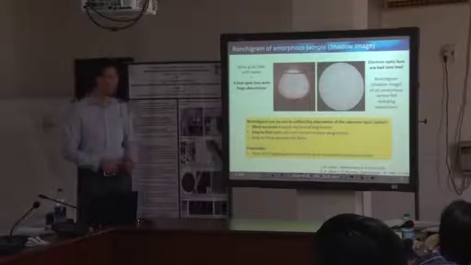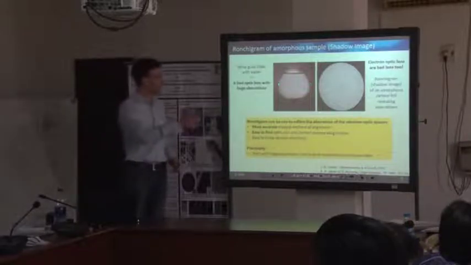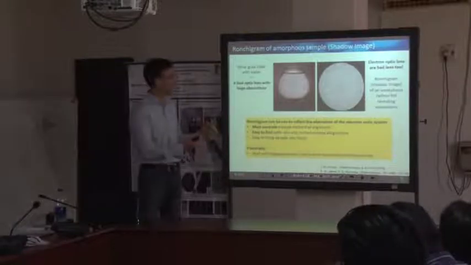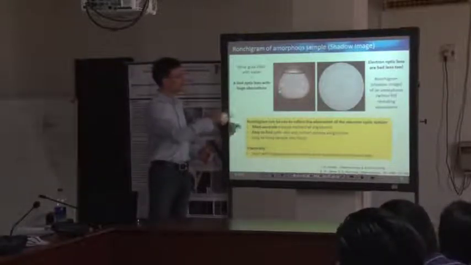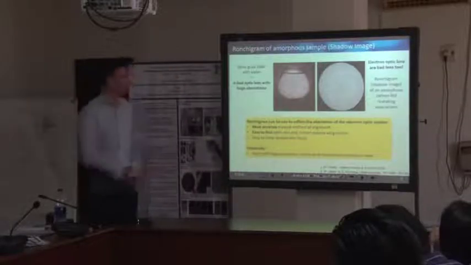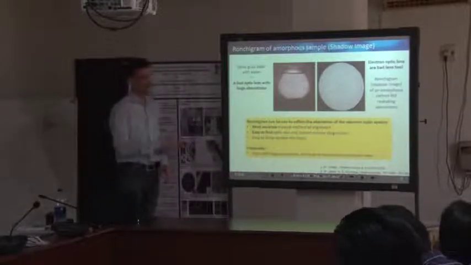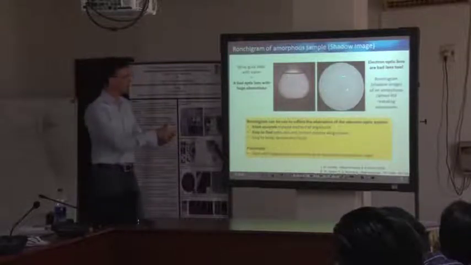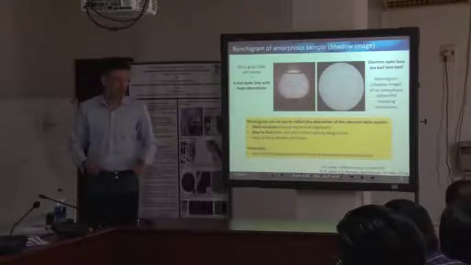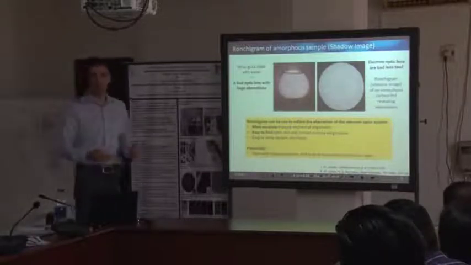You already see these distortions here, and somehow infinite magnification of the structure behind. This is just due to the aberrations of this glass filled with water. And this is very similar, because in the center we have a clear shadow image, and around it we get some weird contrast, which we don't want to have.